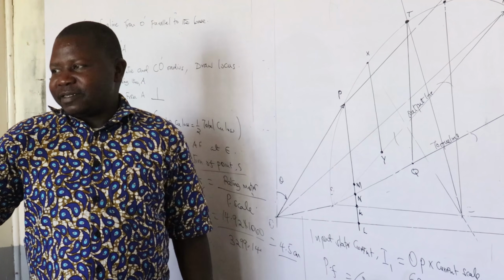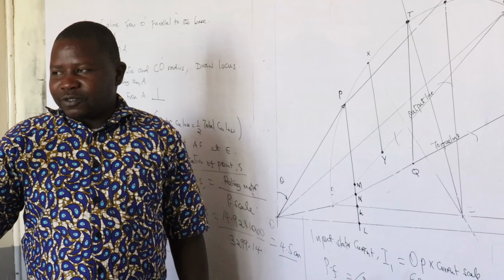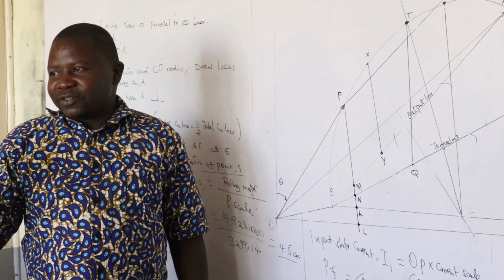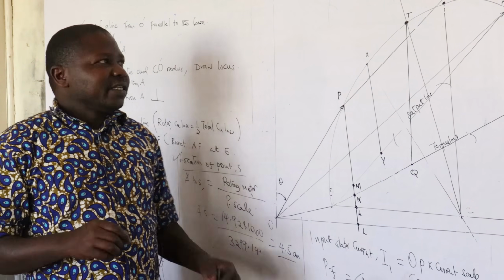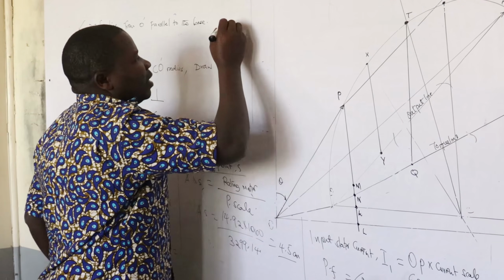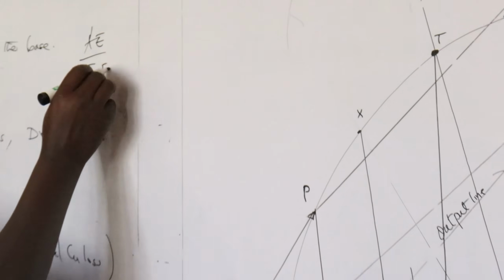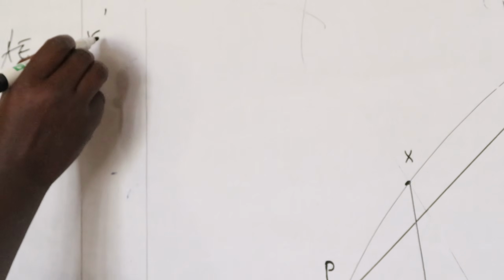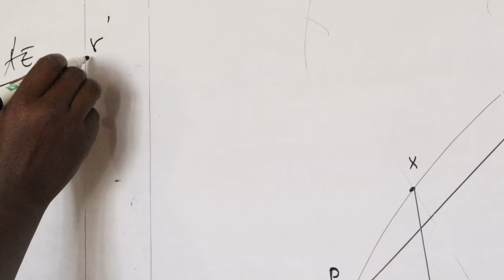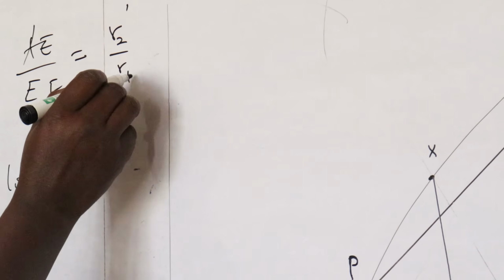A few hints. While you'll be looking for the torque line, remember the ratio has not been given. It takes us back to what you are used to: A to E over E to F is equal to R2 over R1.